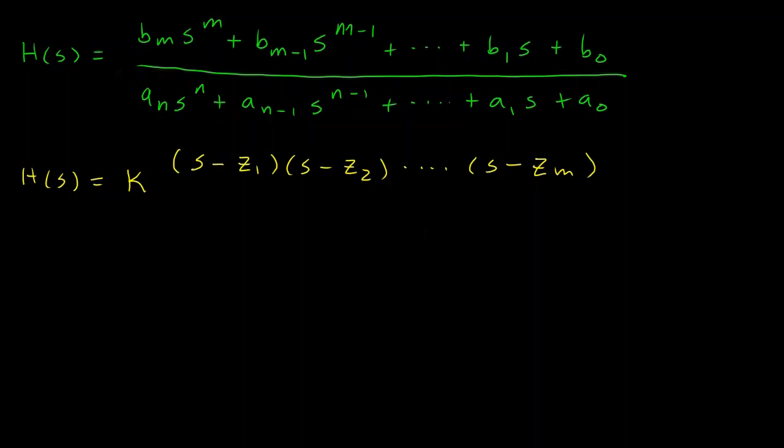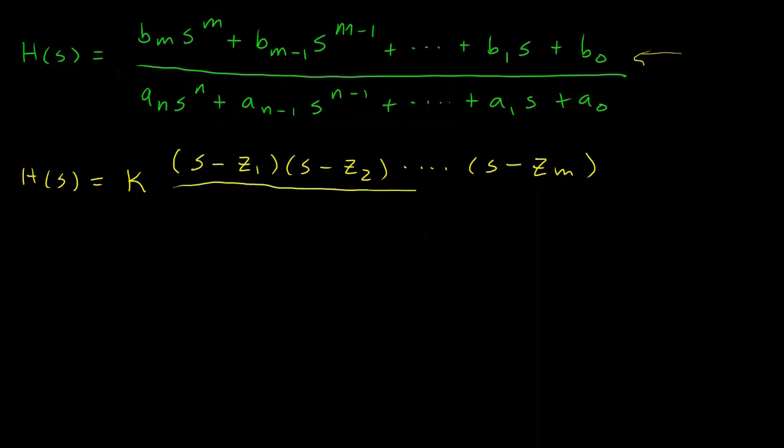That means it has m roots, and we call those roots zeros because they're in the numerator. Remember, if we plug in a value for s such that the numerator polynomial evaluates to 0, that is a root of that polynomial. And a degree m polynomial has m roots, and we call those zeros in this case.